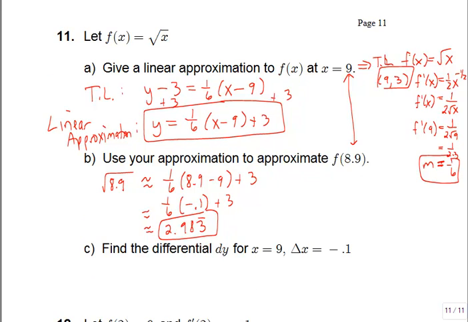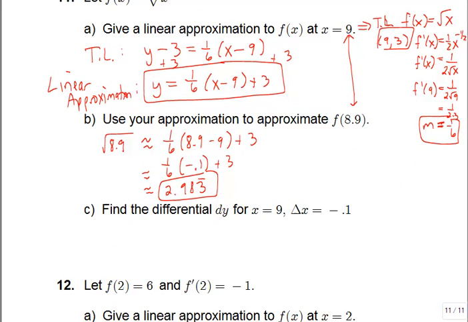Okay, then for part C, find the differential dy for x equals 9 and delta x equals negative 0.1. Now this is just a formula. Your differential is always your derivative times dx. And we already know what our derivative is. It's right here. It's 1 over 2 square root of x dx.